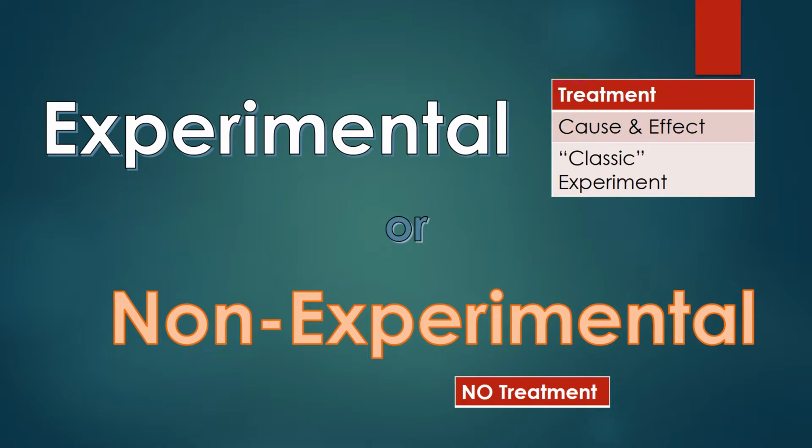For non-experimental research, no treatment is administered. With non-experimental research, participants are observed so we can describe them as they naturally exist. Some types of methods we use might be surveys, polls, field observations.